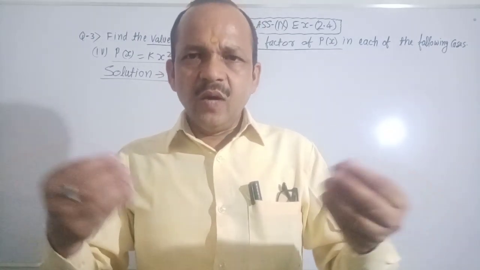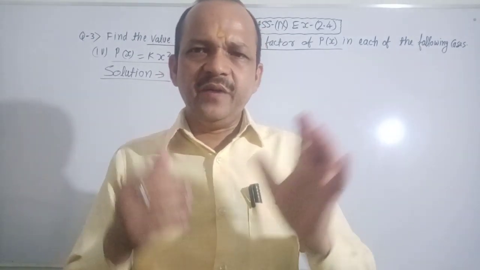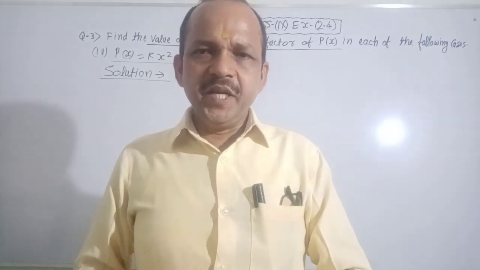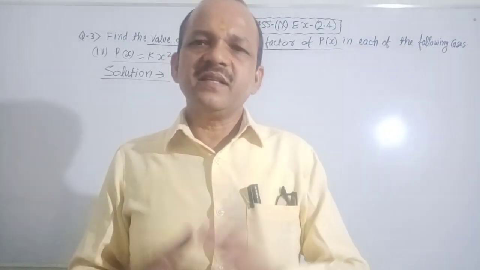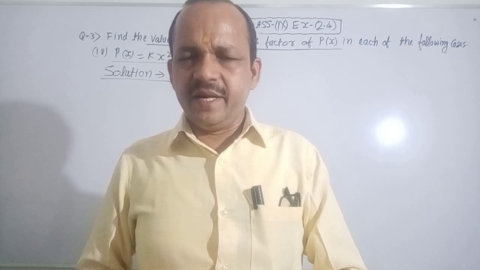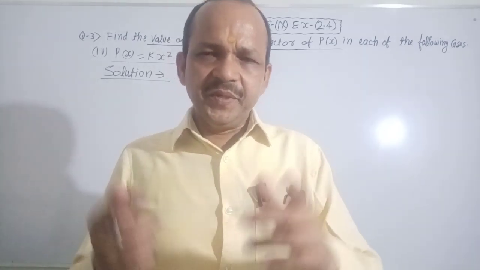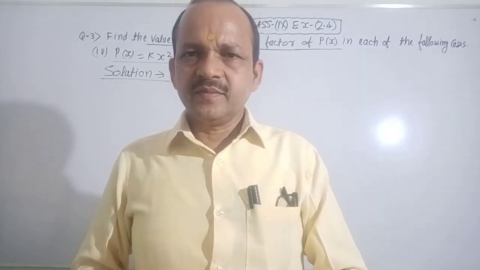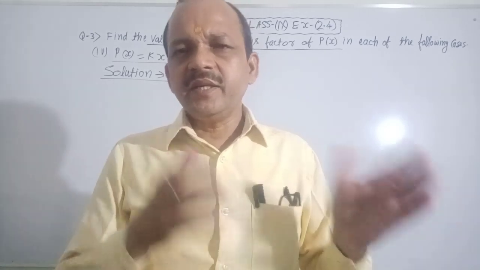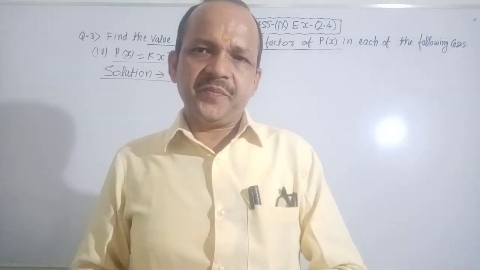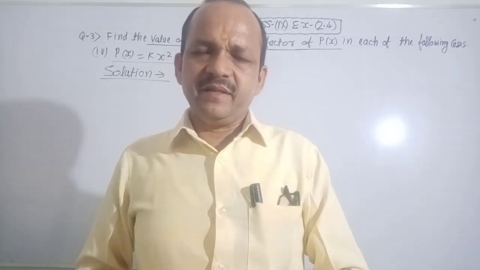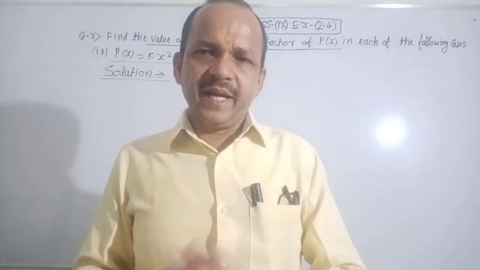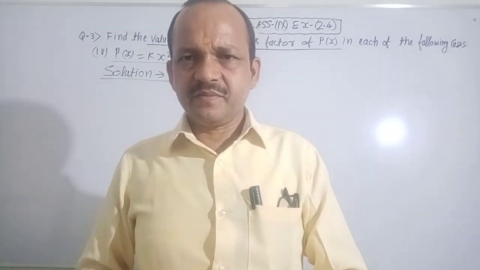Very good. Now I want to describe how you can find the value of k if p(x) and g(x) are given. p(x) means dividend, g(x) means divisor. If dividend and divisor are given, how can you find the value of k? Firstly, you find the value of x from g(x).